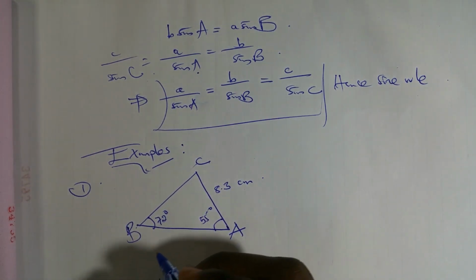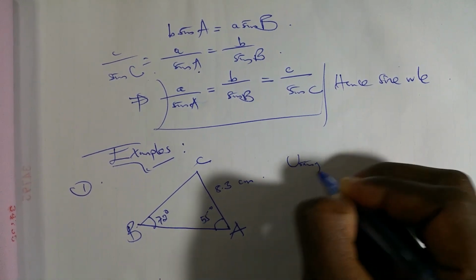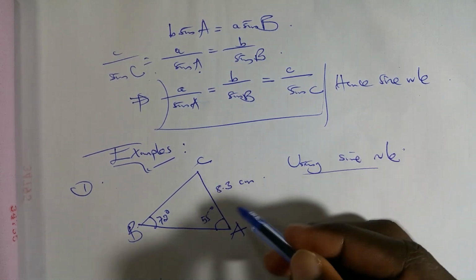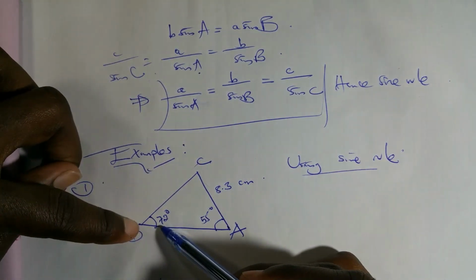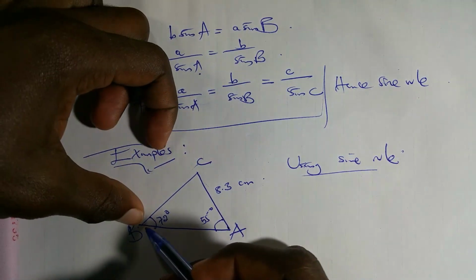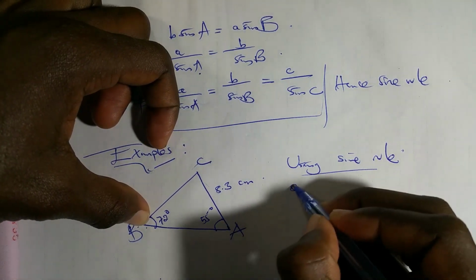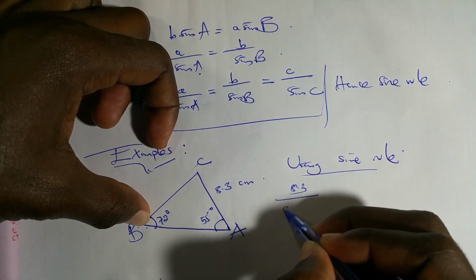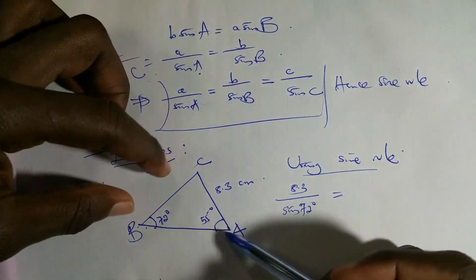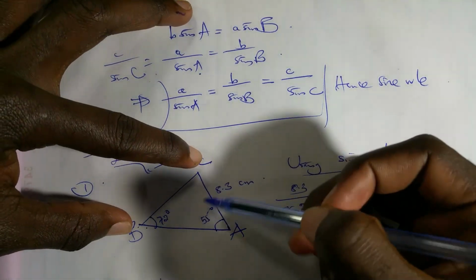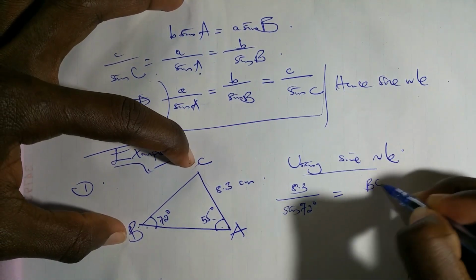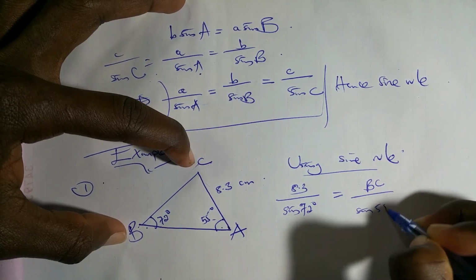So we first say that using sine rule, we observe that we have a length and the angle. So it's length out of sine of the angle opposite to that length, so it's 8.3 out of sine 72 degrees being equal to the length of another side out of the sine of the angle opposite that side, which is BC out of sine of 55 degrees.